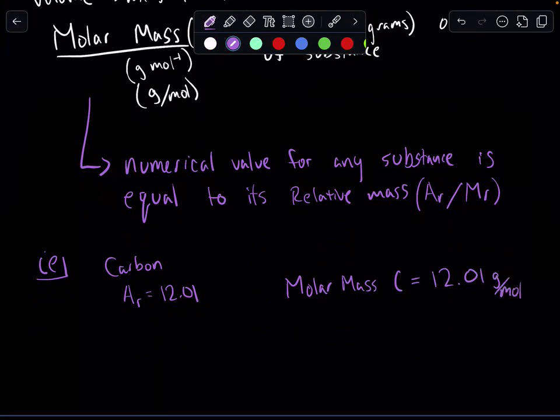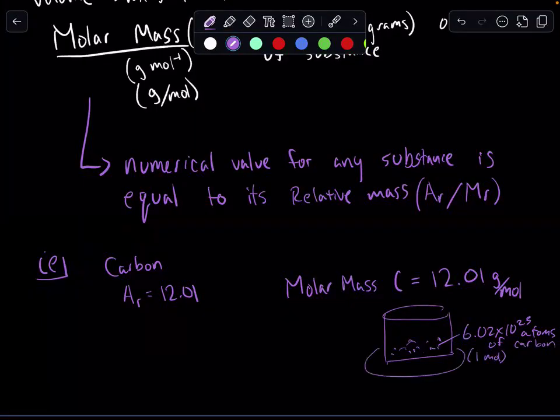What that means is if I had a beaker with exactly 6.02 times 10 to the 23rd atoms of carbon, so that's once again also 1 mole, and I were to put that on a scale, that scale would read 12.01 grams.